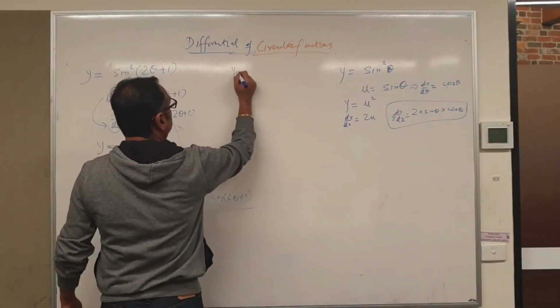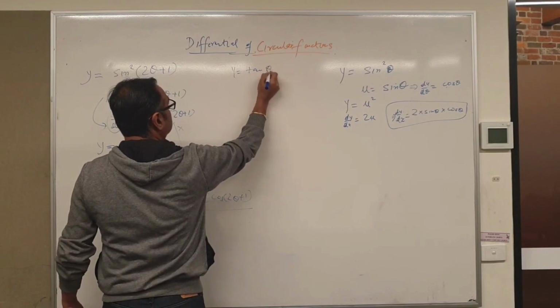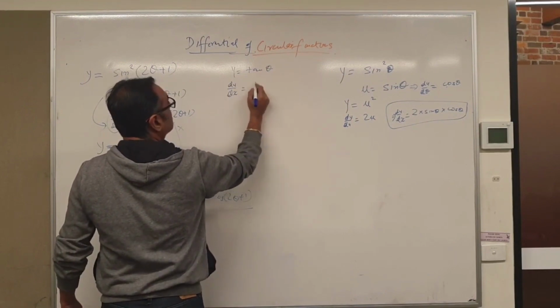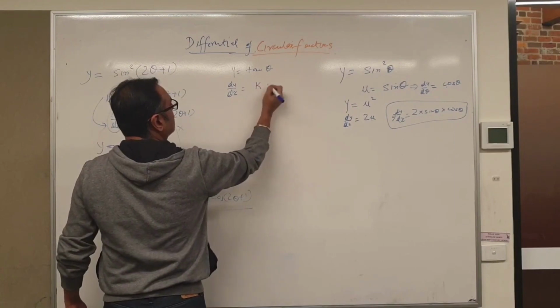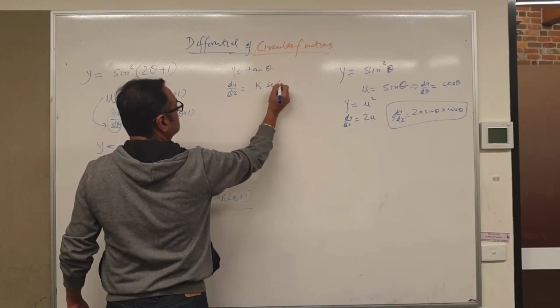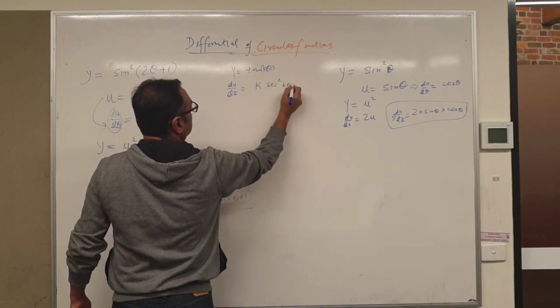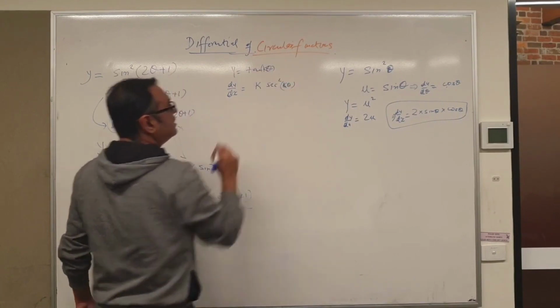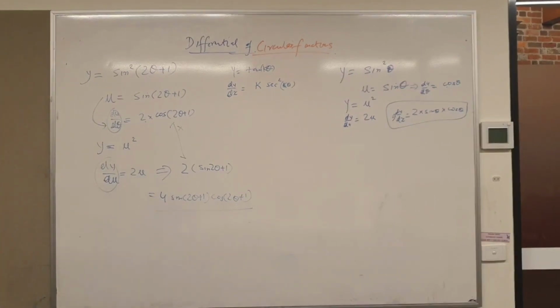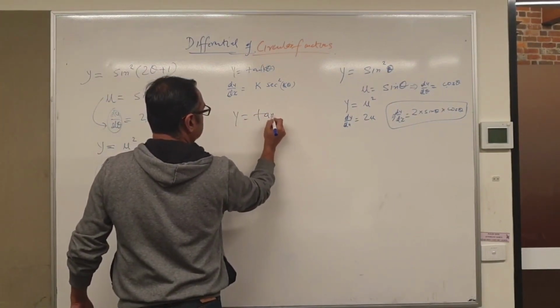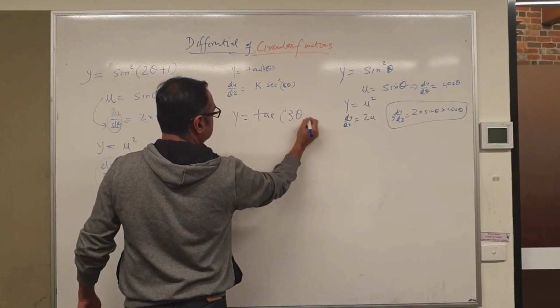If your y equals to tan k theta, so your dy by dx is k times secant square k theta, right? Remember that rule. So if you remember that rule, then can we quickly do y equals to tan of 3 theta square plus 1.